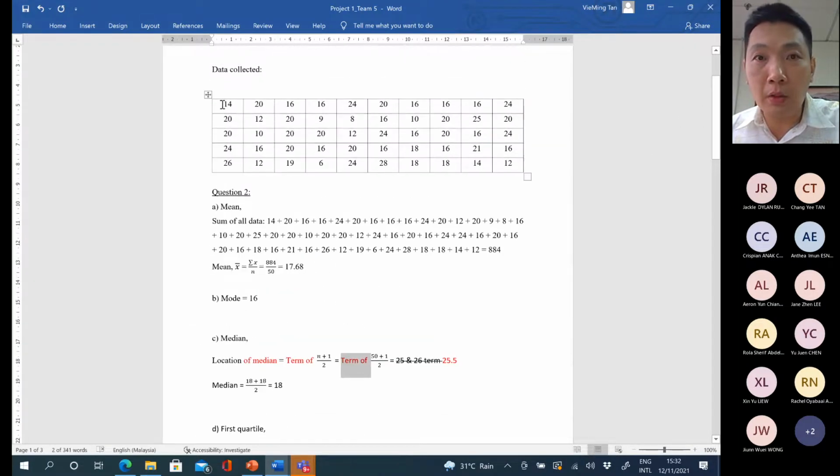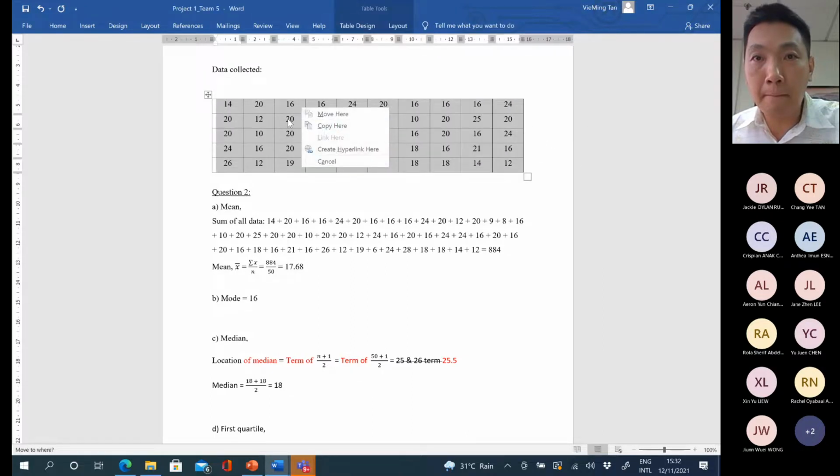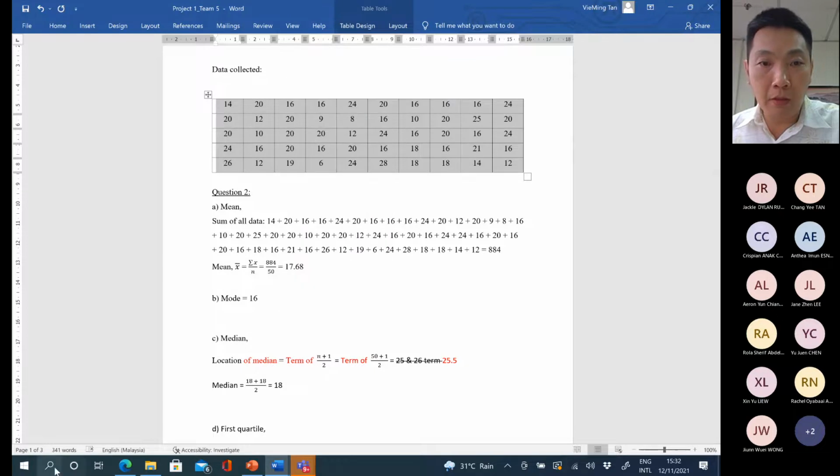What I can do is copy this data. Usually, you can copy faster. Then I'll go to Excel.